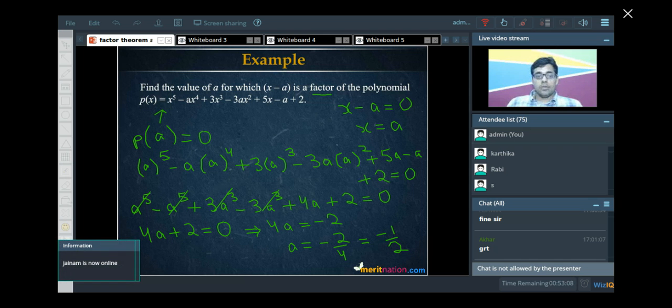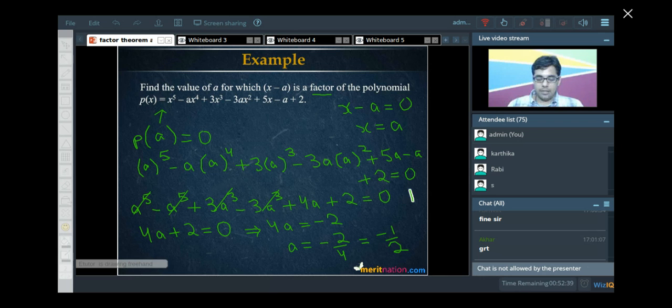Again I am repeating this. So here we have to find the value of a, the linear polynomial x minus a, the divisor here, putting that equal to 0, and this is given as the factor of this given polynomial p(x). Now we will get x as a. By substituting the value of x as a in this given polynomial p(x), we will get p of a as 0. It will become a to the power 5 minus a to the power 4 and so on equals 0.